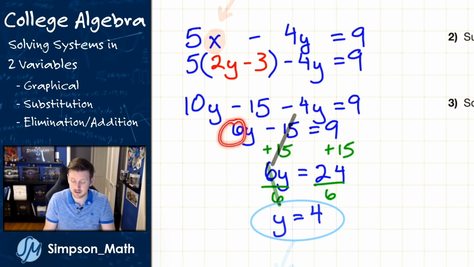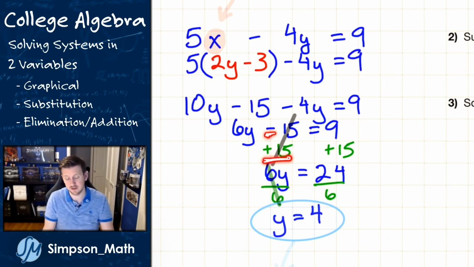This 6 needs to go and this negative 15 needs to go. But again, which of those is easiest? Well, the addition and subtraction is easiest to move first. So I'm going to add 15. Notice we're adding because this is a negative already. So negative 15 plus 15, that cancels to 0. These are just numbers, so I can add them together and get 24.